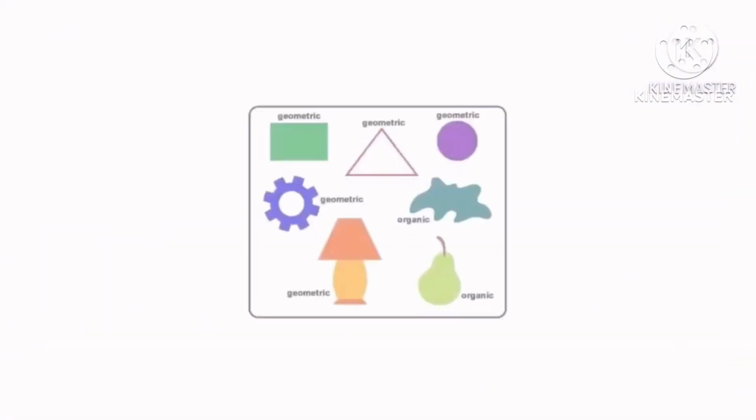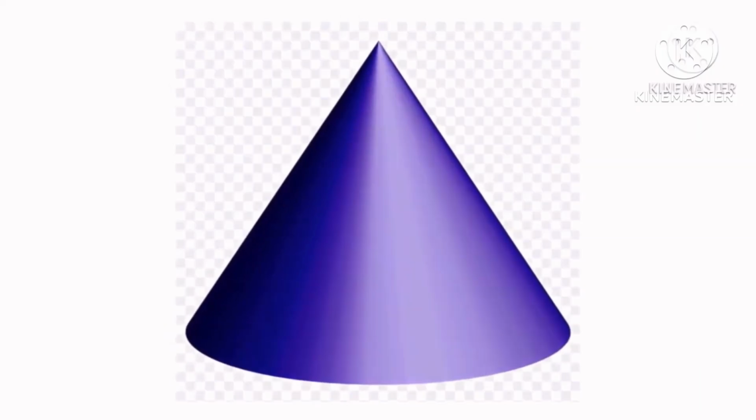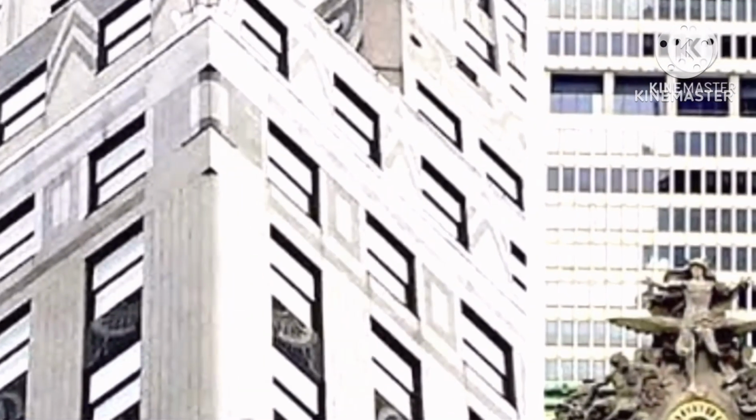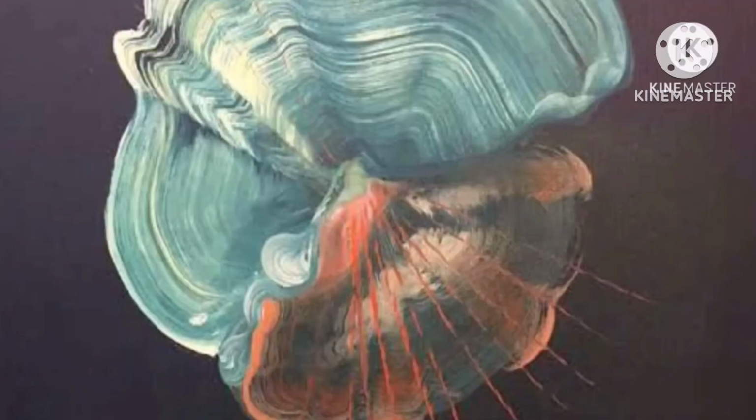There are two types of form, the geometric form and the organic form. The geometric form has a specific name such as cone, cube, or pyramid. They are typically man-made, while the organic form doesn't have a specific name.